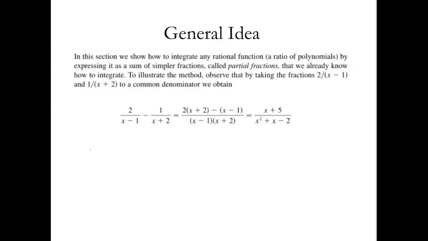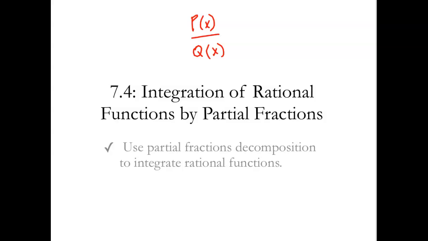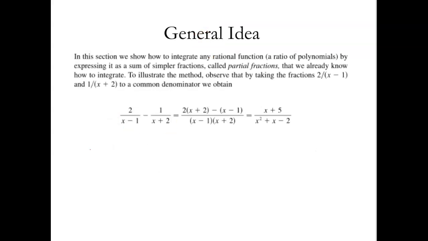We're used to taking a situation like this and coming up with a common denominator, right? In this case, the least common denominator would be x minus 1 times x plus 2, right? And then you would multiply both denominators by whichever factor is missing.